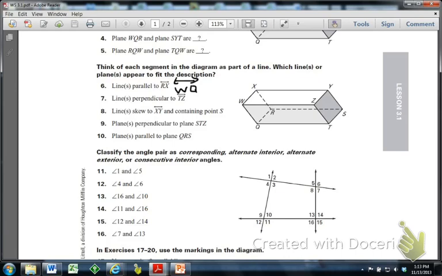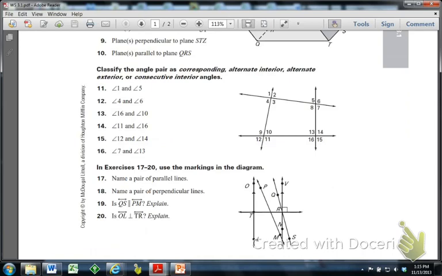It looks like YS appears, it appears that YS is parallel. So on a question that says appears, I'm going to put all the ones that just look like it. I'm also going to check the answer key for this one to make sure that I'm right as I go through. So that's an example from that section.